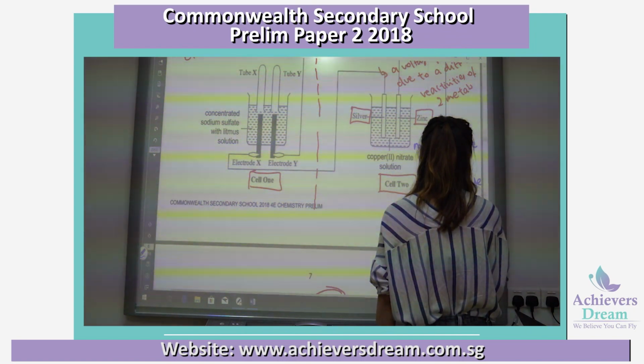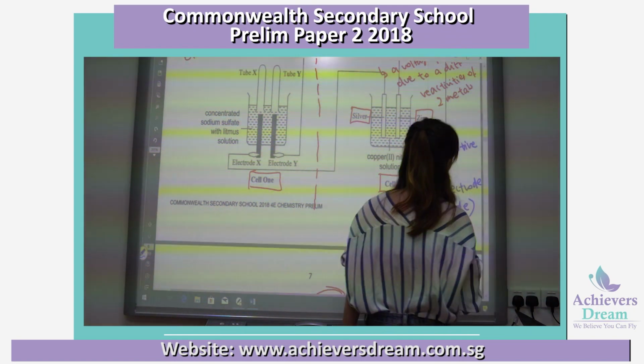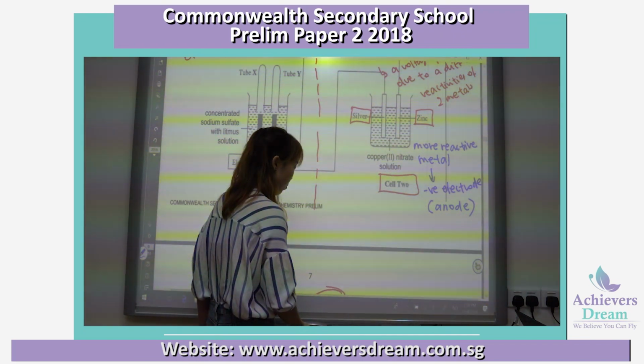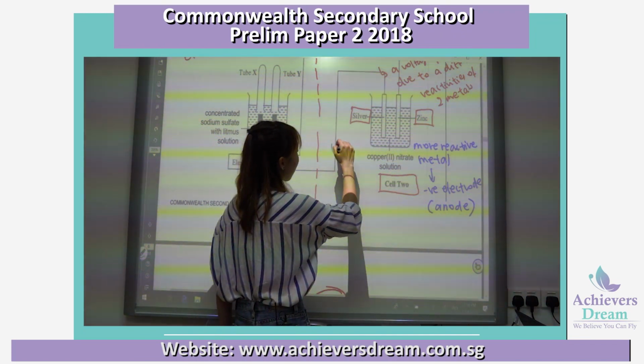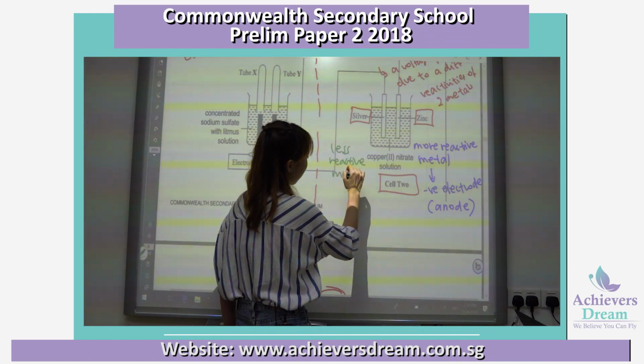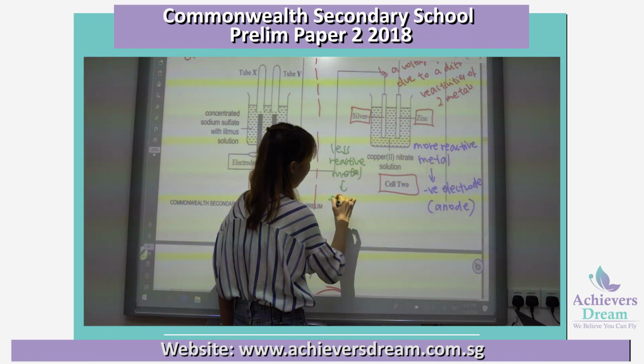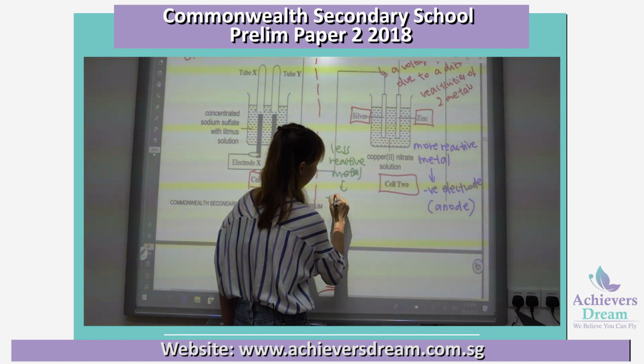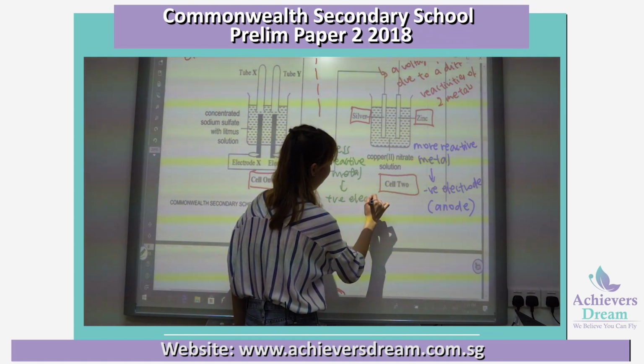So in simple cell, this will be your anode. Whereas the less reactive metal is your positive electrode or your cathode.